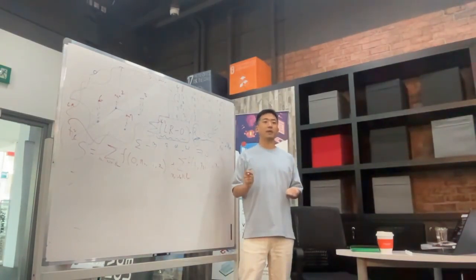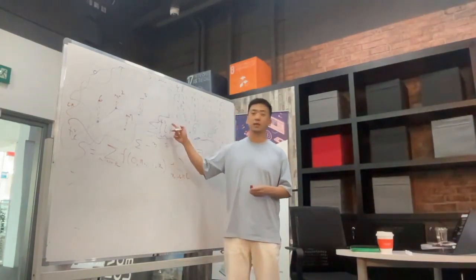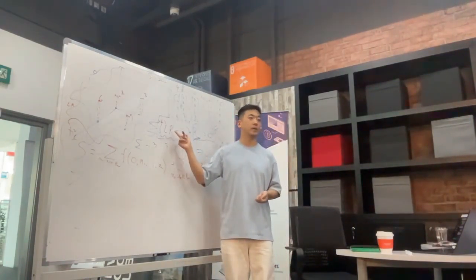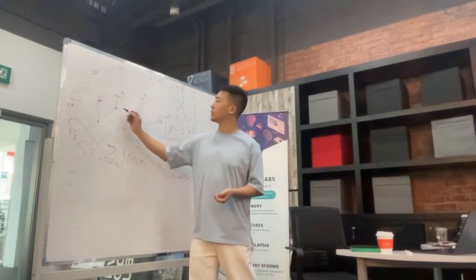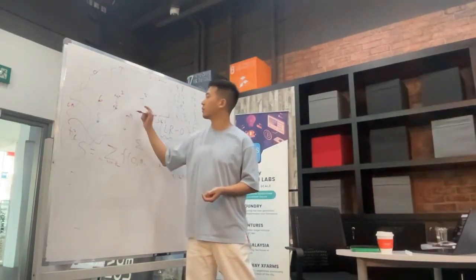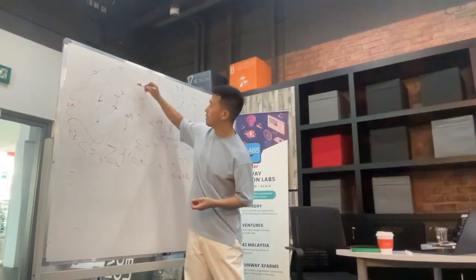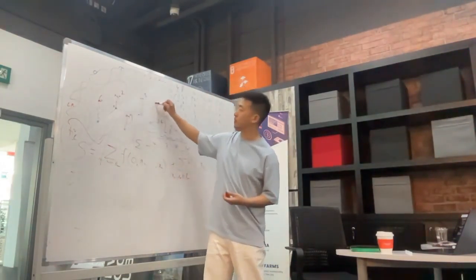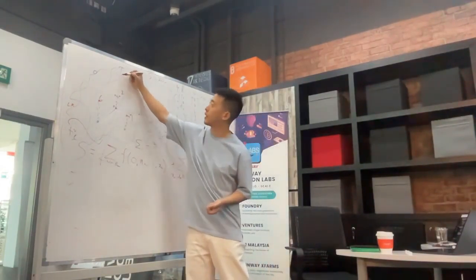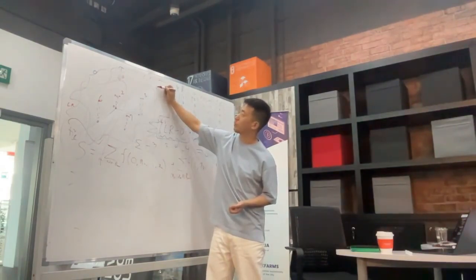Let's try to divide them. x1 is the only variable we think about here. We sum this part first and this part later. This is when x1 equals 0, and this is when x1 equals 1.